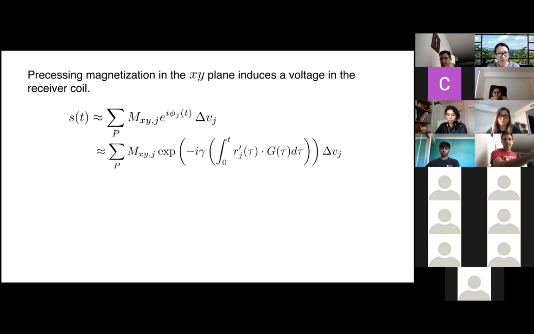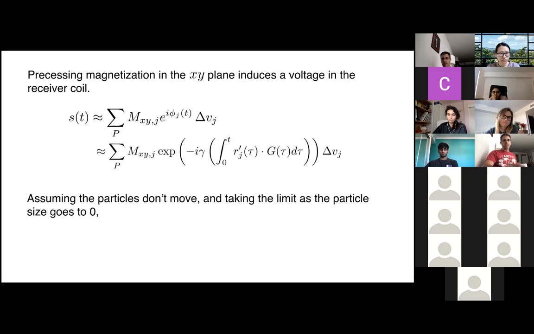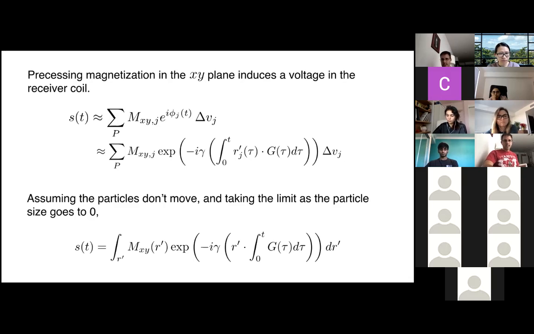The particle j is at location R prime, and it's dotted with whatever gradient field is at that location. That's the magnetic field that it sees. So its frequency is gamma times that, and we integrate that over the time that we have the gradient field on. That's its phase. Then I'm going to take the limit, assuming the particles don't move, as the particle size goes to 0, and we end up with this expression here.